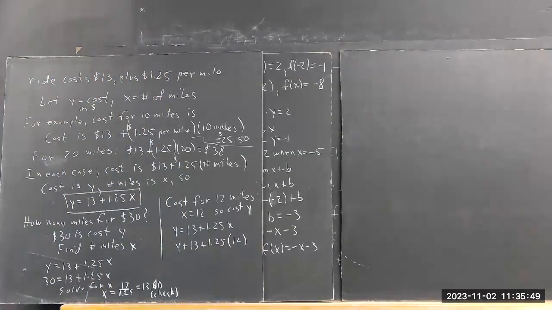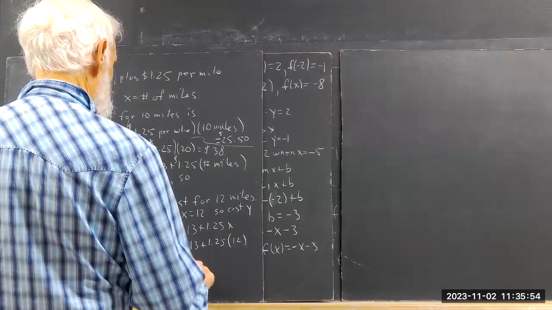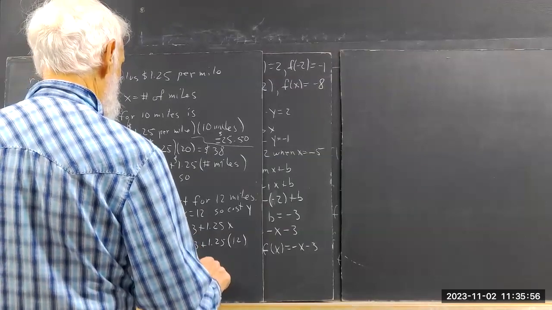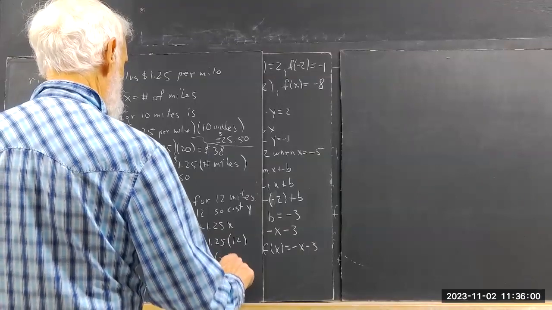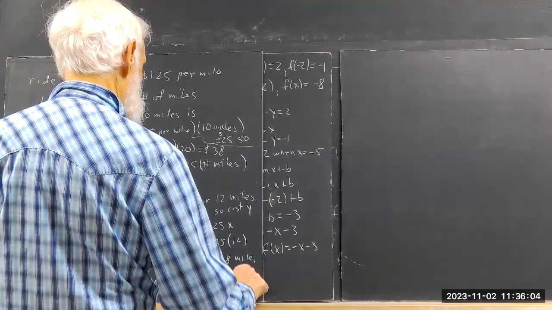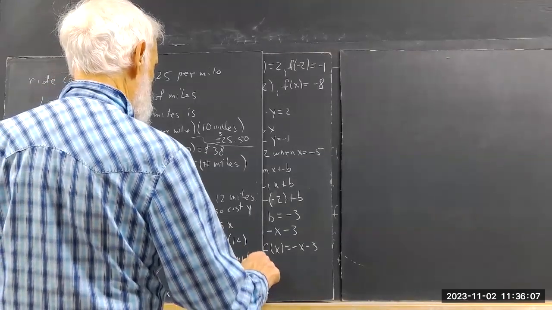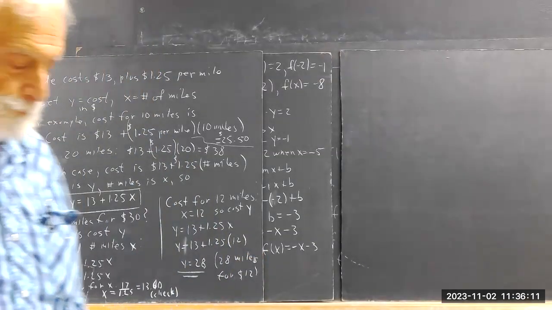And that is 5/4 of 12, which is 15. So Y equals 28. $28 for 12 miles. All right.